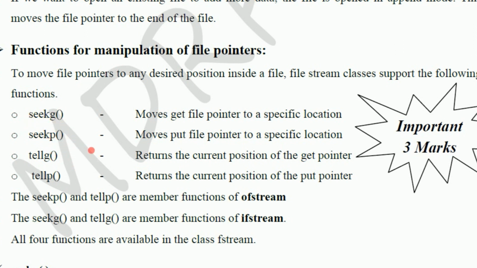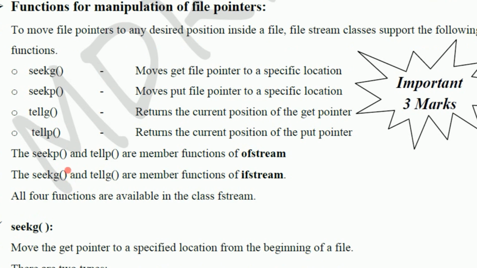seekp puts the pointer at a specific position. tellg: when we are moving, maybe using seekg, maybe you are at this position, then we can take this position with the help of tellg. It returns the current position of the get pointer. In the same way, where the put pointer is, we can take that position by using tellp.